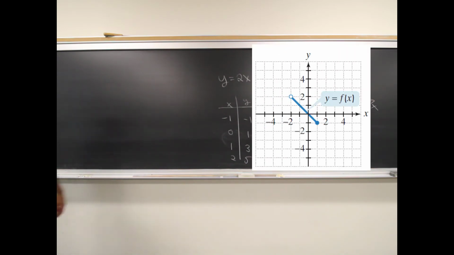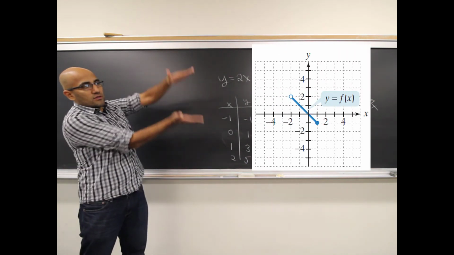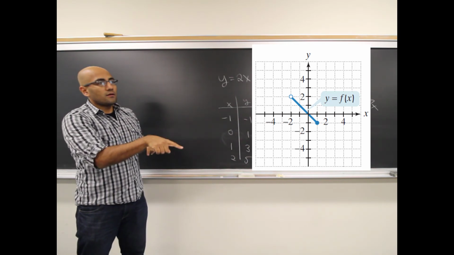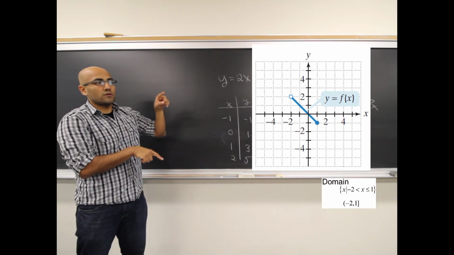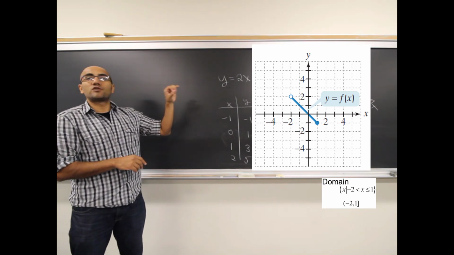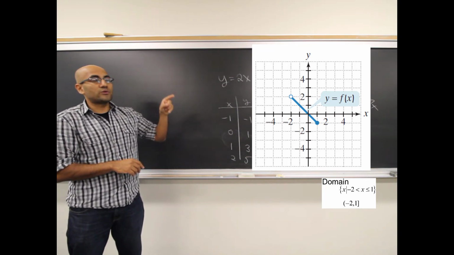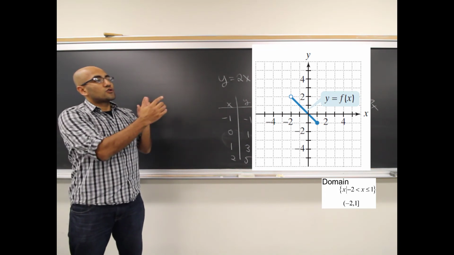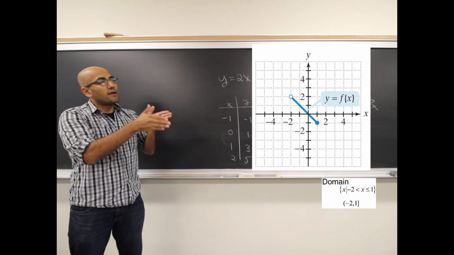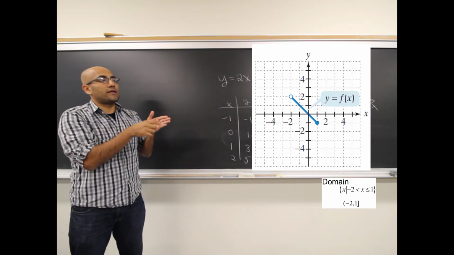What about this one? What's the domain? Squash it this way. From -2 to +1. But we do not include -2. It's got that little open circle at the end there. That means we don't include that endpoint. So we want to include all the points between -2 and +1, including 1, but not including -2.